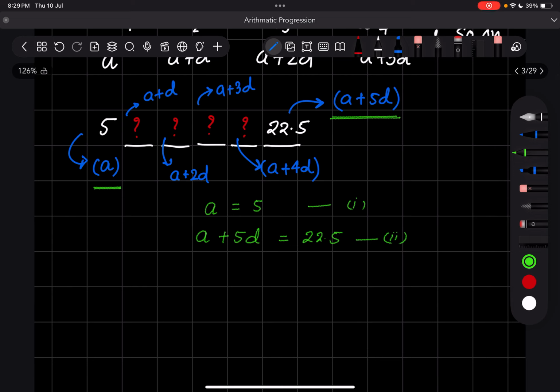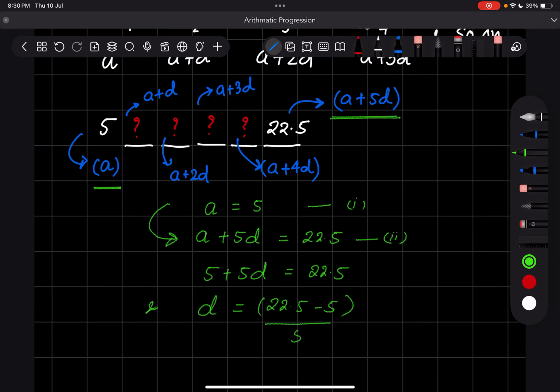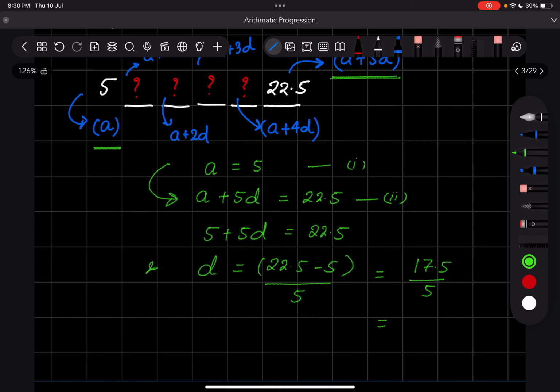Now solving these two equations, that is putting the value of a as 5 in the second equation, you will get 5 plus 5d is equal to 22.5, and d is equal to 22.5 minus 5 divided by 5, and that will be equal to 17.5 divided by 5, equal to 3.5.